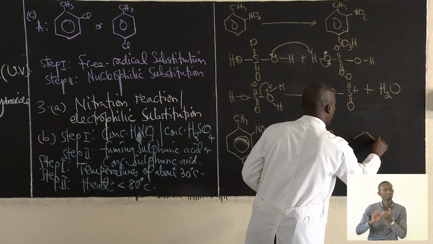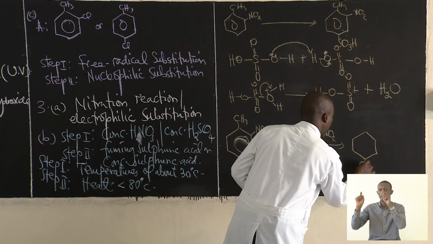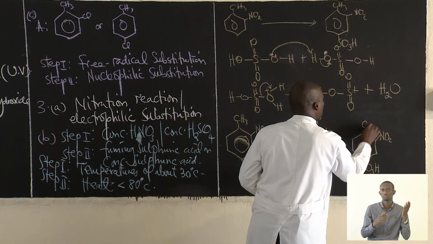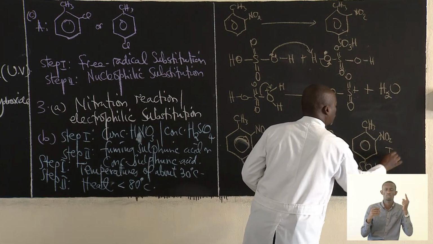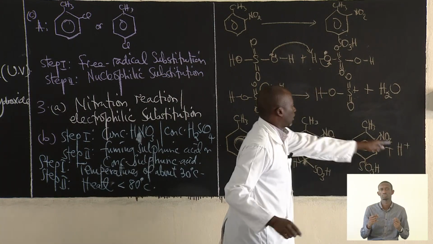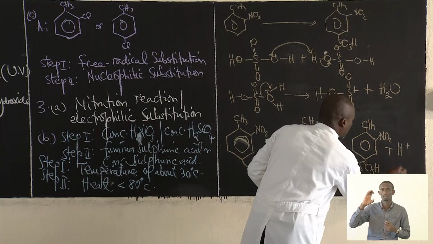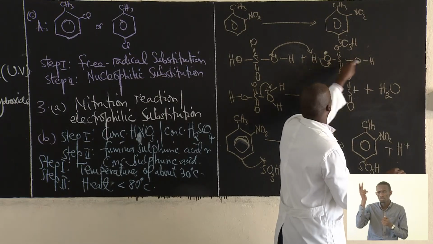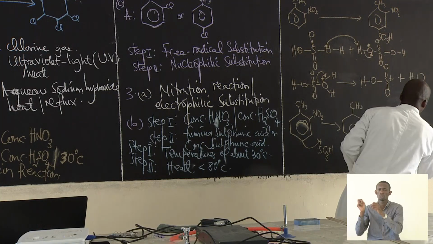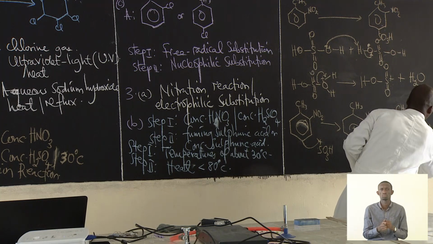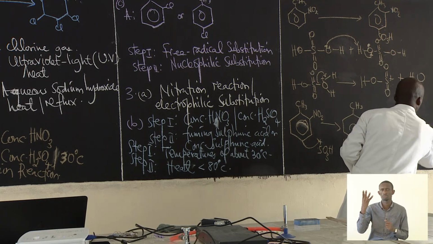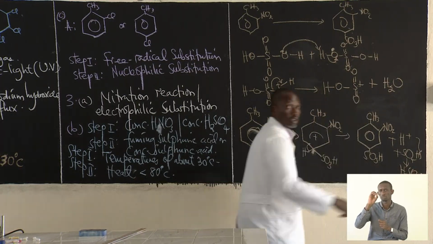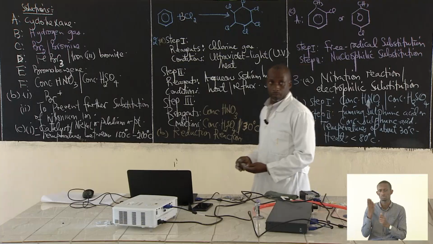So you remain with your compound that has been formed, SO3H with NO2 and CH3, plus the hydrogen, which combines with the HSO4 minus. Both of these will produce sulfuric acid, which is used as a catalyst.